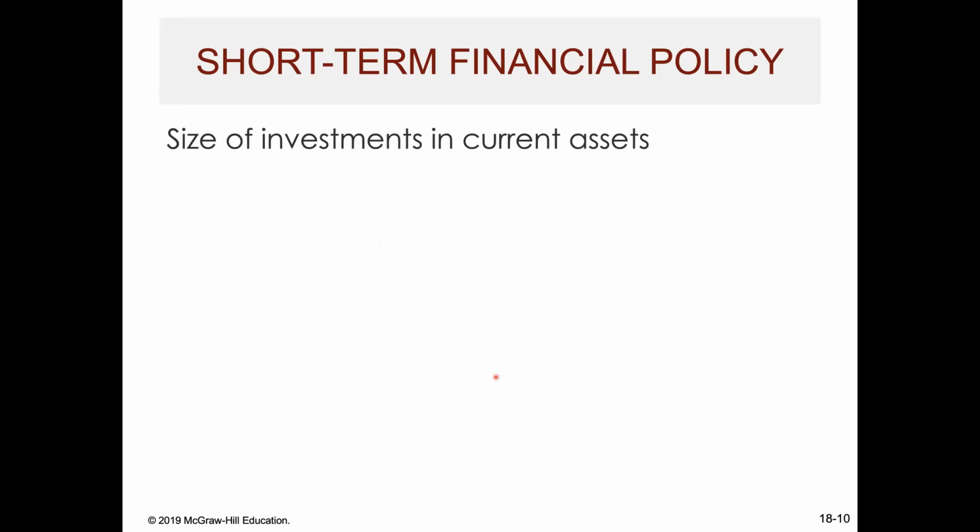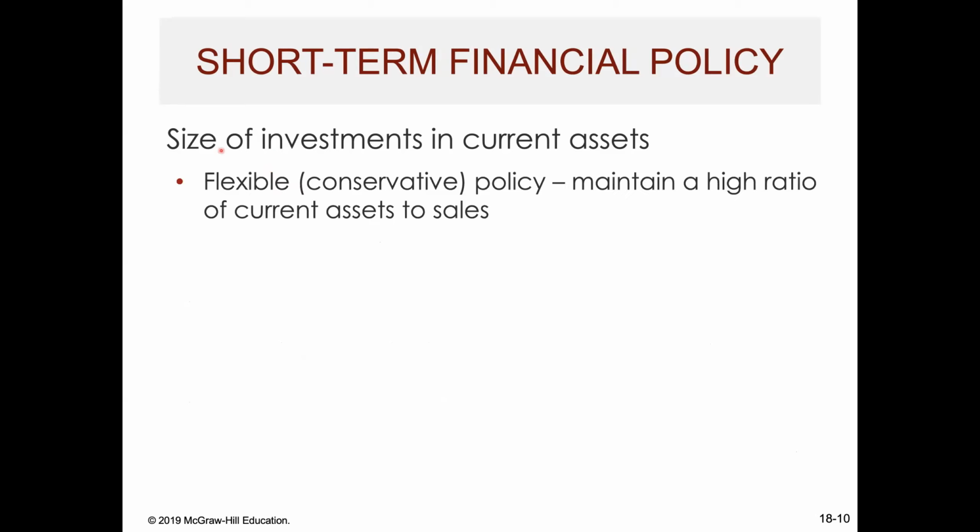Okay, so this leads us to our short-term financial policy. So we're going to look at different types of policy when we're looking at investments in current assets, such as inventory. The flexible or conservative policy has us maintaining a high ratio of current assets to sales.